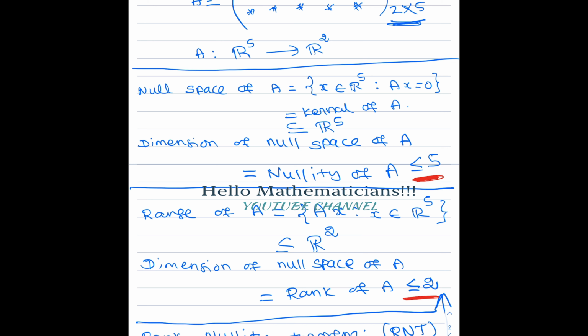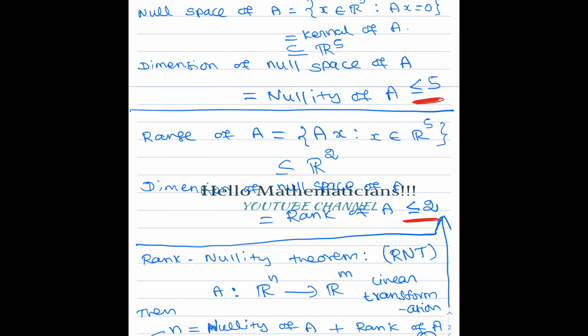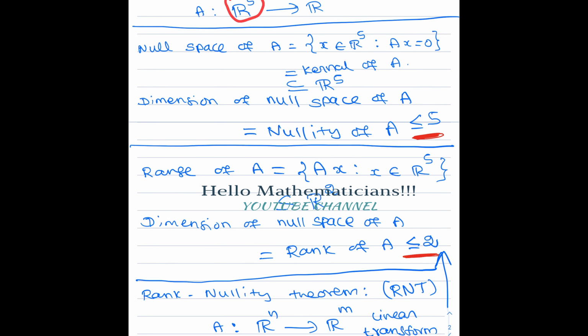Now the elements of the null space are collected from R power 5, the domain. Therefore the kernel of A is a subset of R power 5. So the kernel is a subset of the domain. R power 5 has dimension 5 and this kernel is a subspace of R power 5.